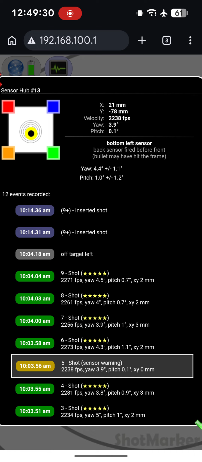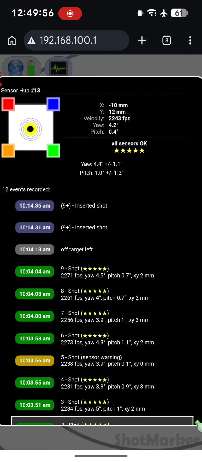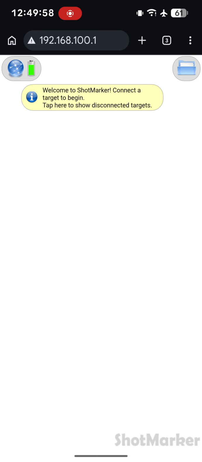On this one, the velocity looks okay. The angles don't look that bad, but there's a sensor warning. I think this is an example of where things are kind of close, but there is a sensor warning, and that kind of saves the day on this one. Okay, that's it.